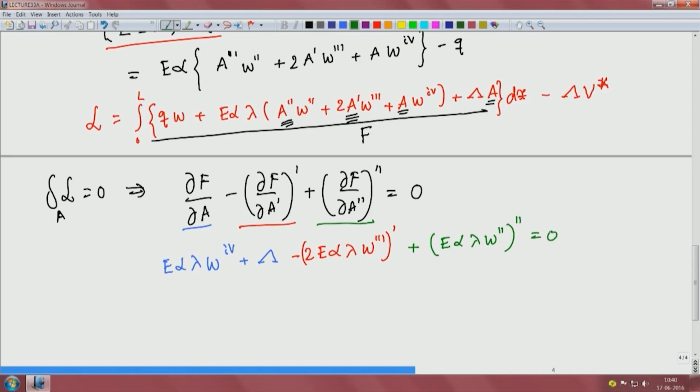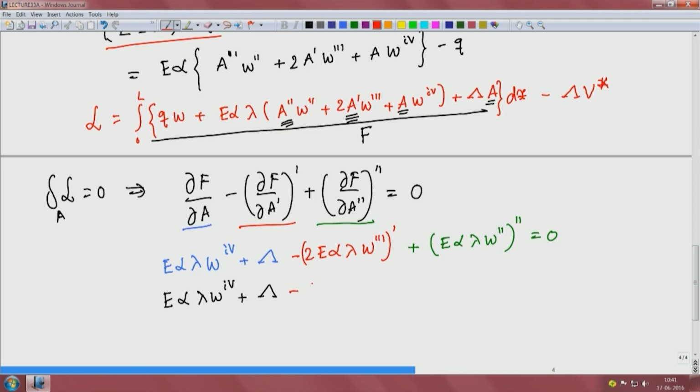Okay. Let us simplify it a little bit here. So, we have this one, there is nothing to simplify, E alpha lambda w fourth derivative plus this lambda, this red one. Okay. It may be a good idea to leave it alone, because the fourth term will have something coming there.